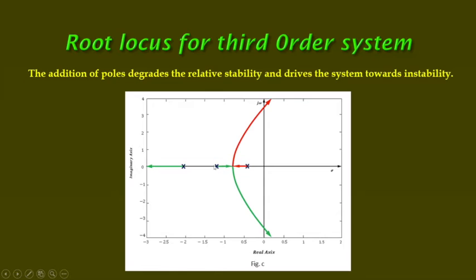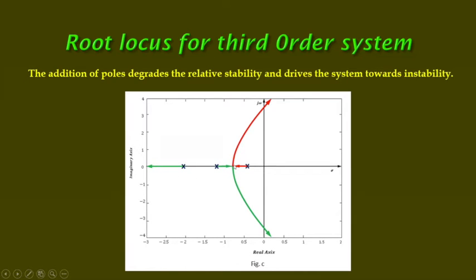The root locus starts from these two open loop poles, meets at a point, and moves to infinity along the asymptote. Another root locus starts from this open loop pole and moves to infinity along this asymptote. That means this root locus always lies in the left hand side of the S-plane.